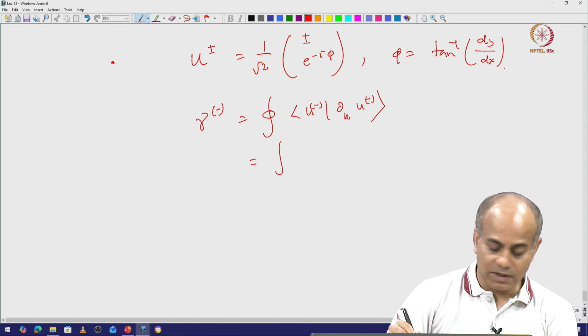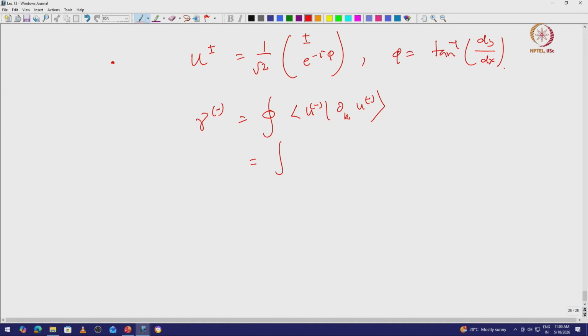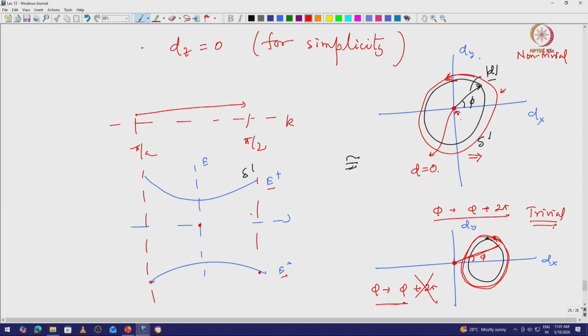With algebra it can be shown, yes, it can be shown, I think it will be half times del phi, how much the phi has changed as you go in the Brillouin zone from minus pi by a to pi by a. In the first case we get nothing, delta phi is 0. In the top case delta phi is 2 pi. You can wrap twice or n number of times.